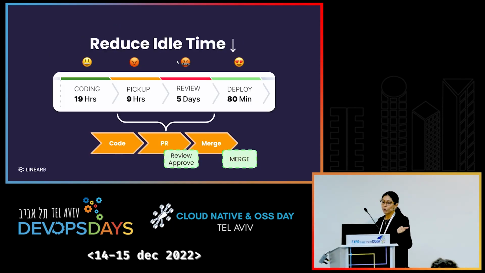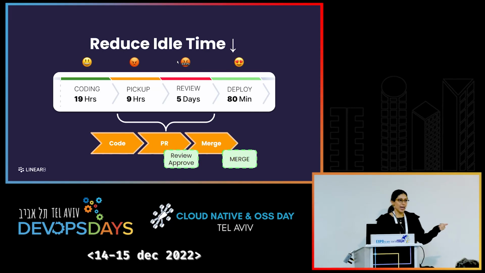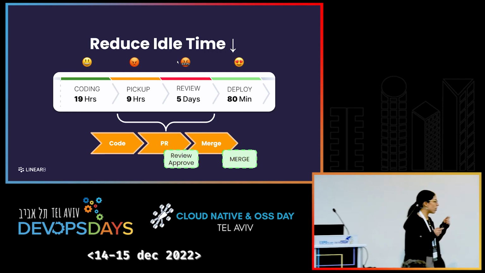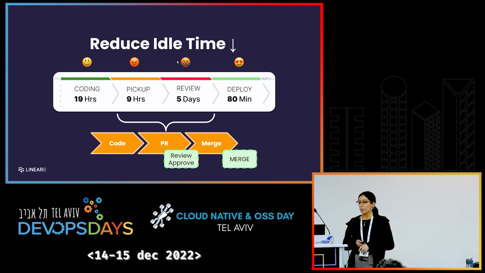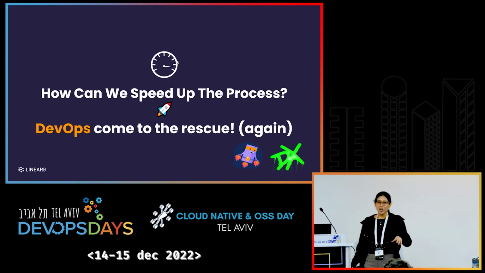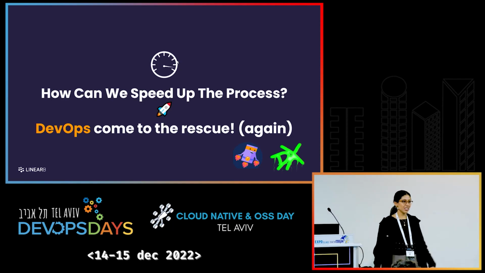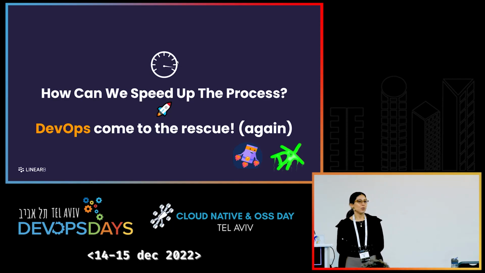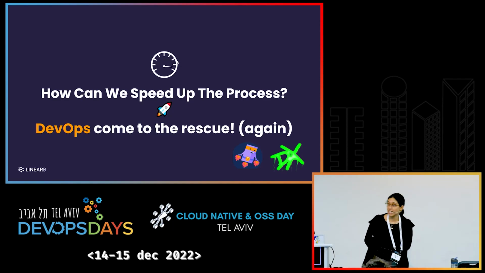This is what we call the huge idle time in the middle that we want to figure out how to solve. So if we're able to somehow reduce this ping pong, this annoying part, maybe we'll be able to boost up our process. And now, us as the DevOps community, we really can help and contribute to this process like we did before with CI/CD.